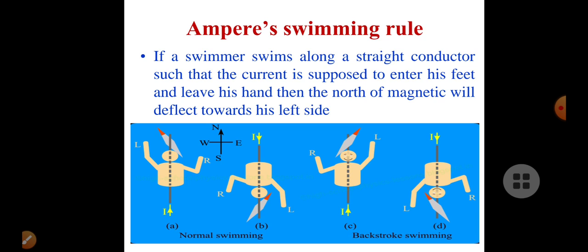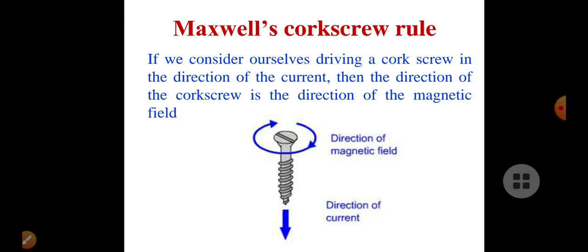So always remember these rules, Ampere's swimming rule or Maxwell's corkscrew rule. These are not given in your NCERT, but you should know about them. And Maxwell's corkscrew rule can also be experienced with a water bottle in which you fill water and take it in a school. Then you fix its lid.